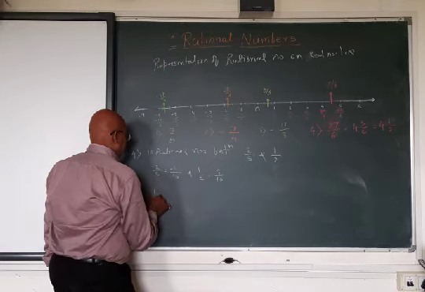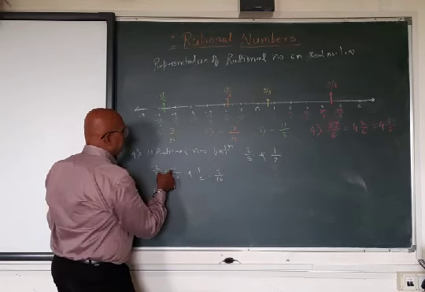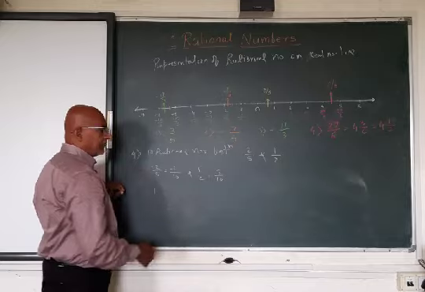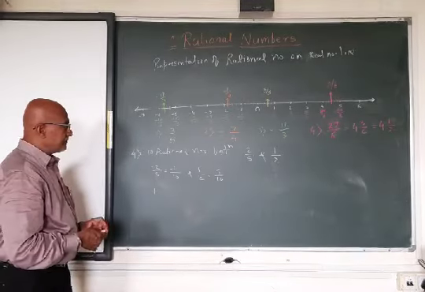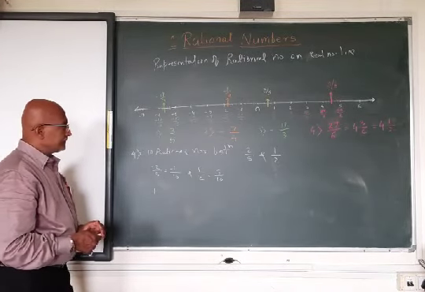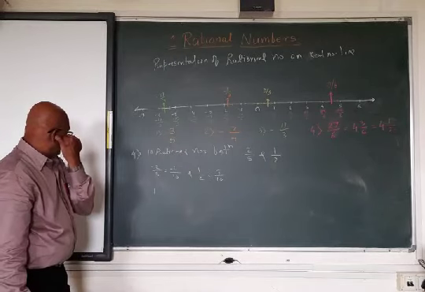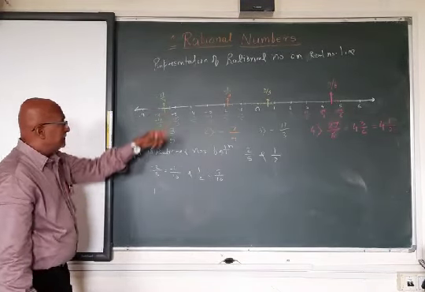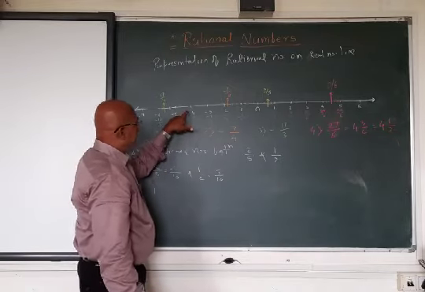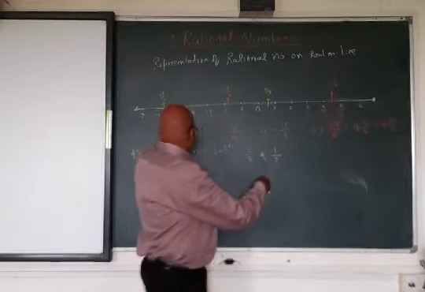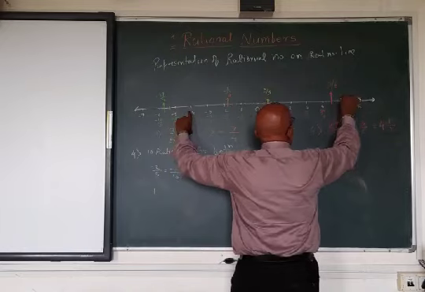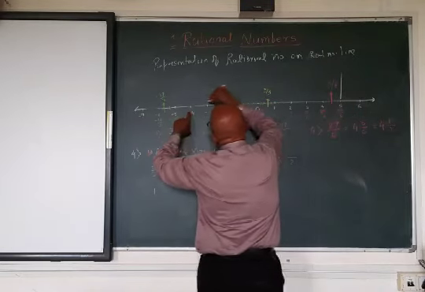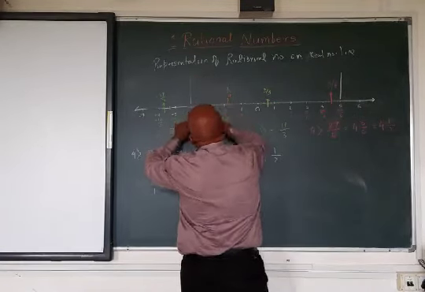Therefore, now see here, minus 4 and 5. How many numbers come between these two? Are there 10 numbers? See here, in between this minus 4 and 5, you have to just write 10 numbers.